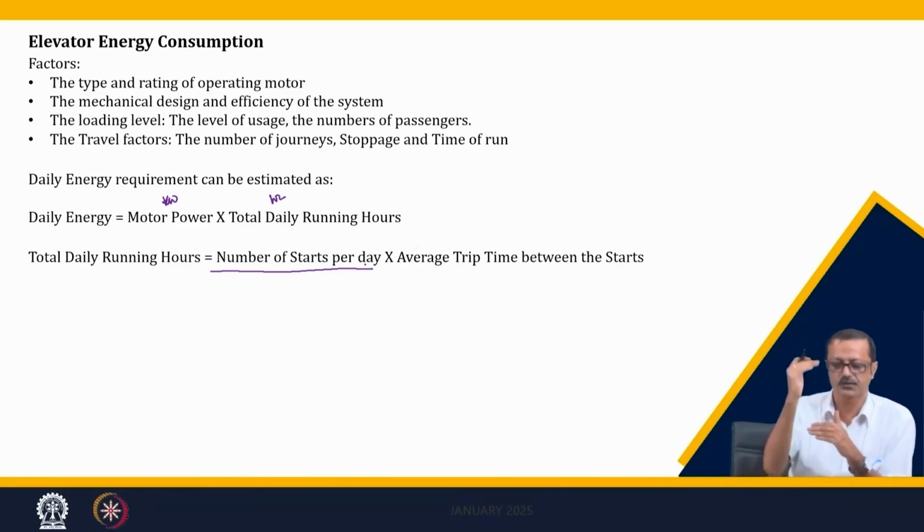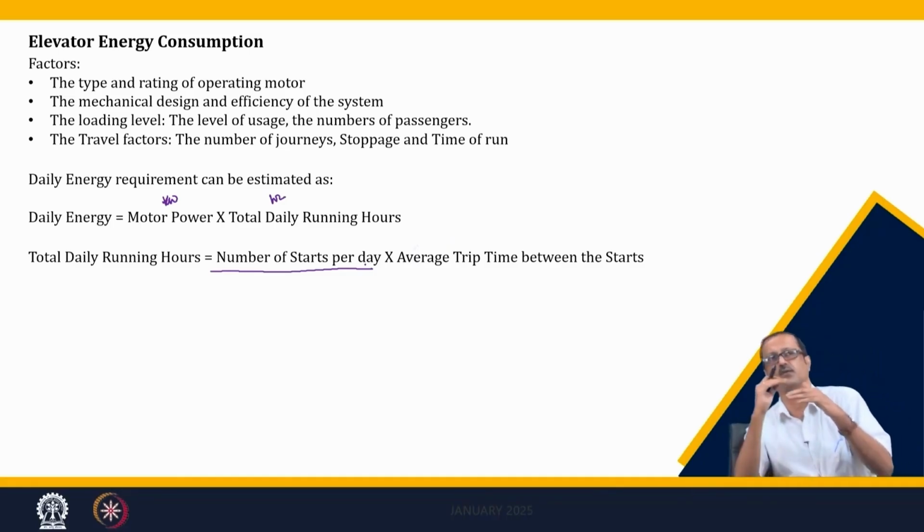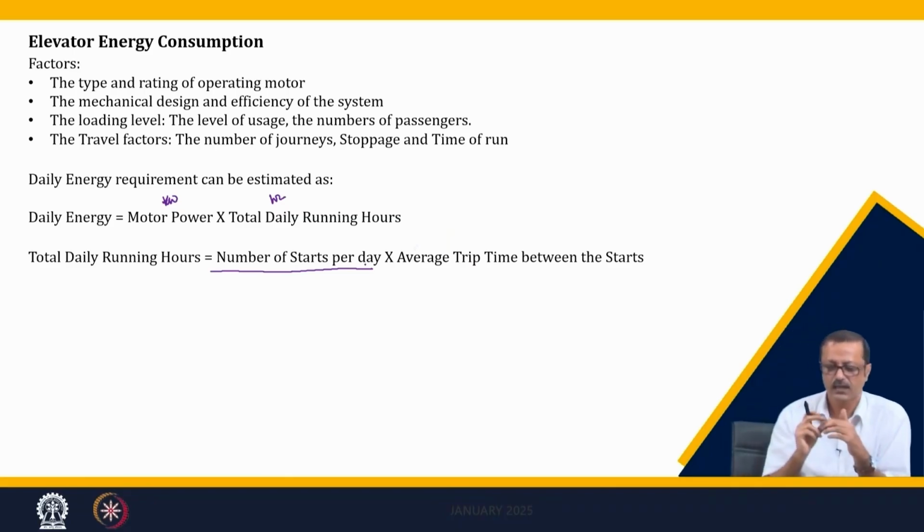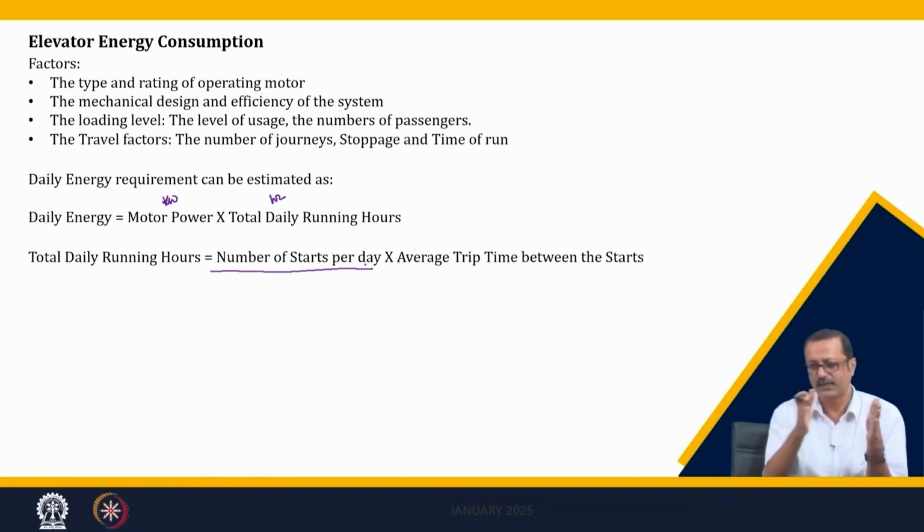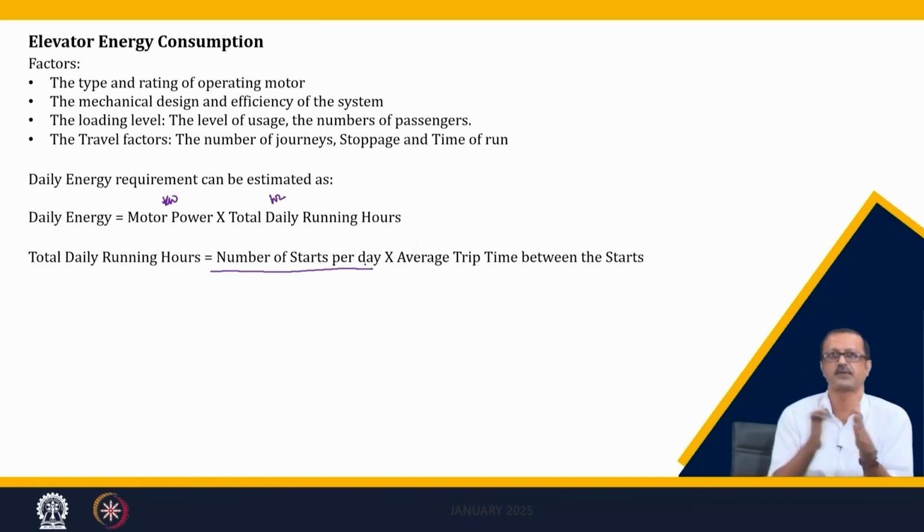stops, or number of starts per day. Start means from one level it stops over here, again it starts, so number of starts and the average trip time between these starts. Suppose there are 3 starts, so there are 2 such trips.